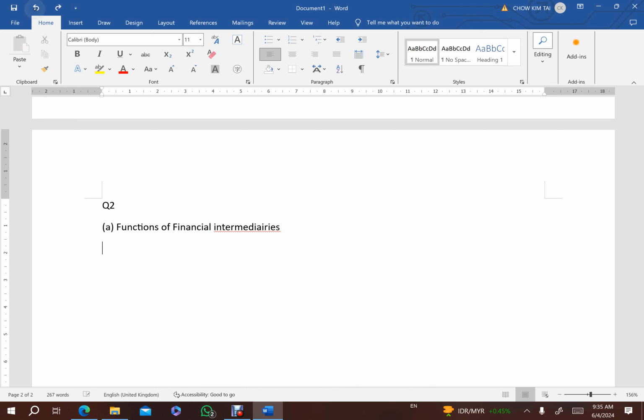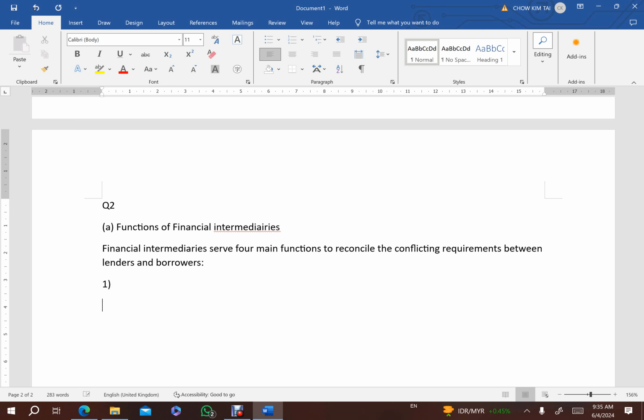Financial intermediaries serve four main functions to reconcile the conflicting requirements between lenders and borrowers. That's where you explain: 1, 2, 3, 4.